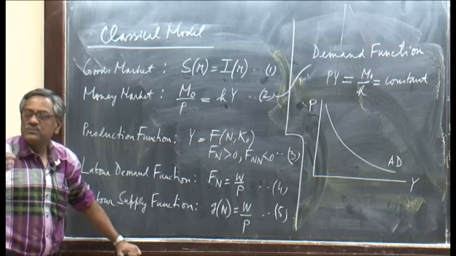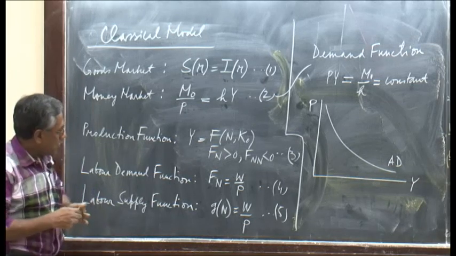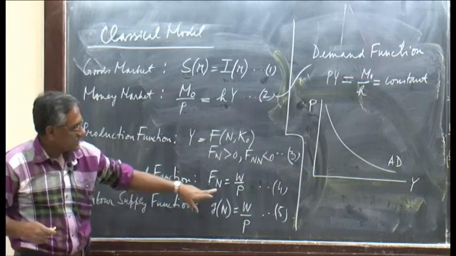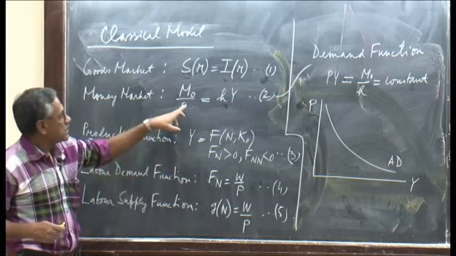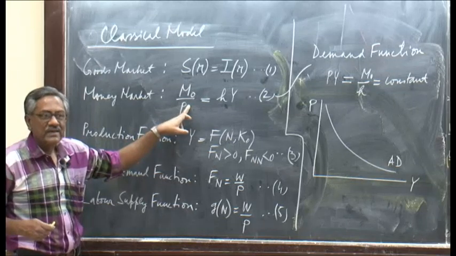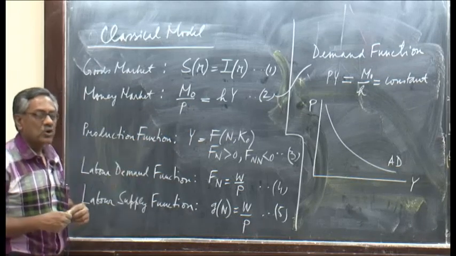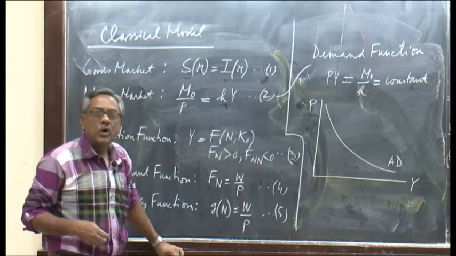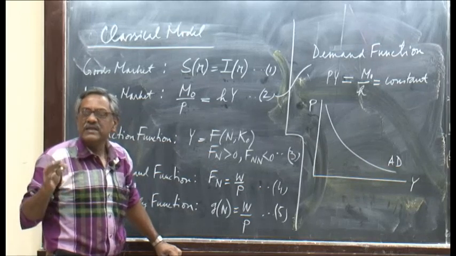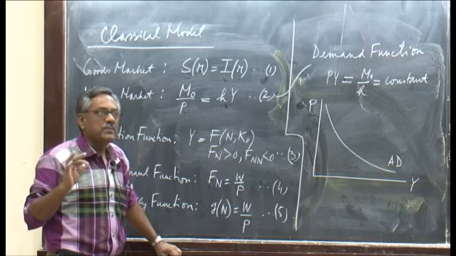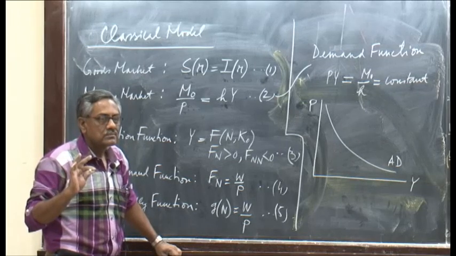Alright? So what did this model say, what did I tell you? When the supply side solves the employment level and the output level, I go to the demand function to solve for P. So the classical model essentially says that output or employment is at the full employment level, and prices in the economy can be anywhere. It depends upon the demand function.